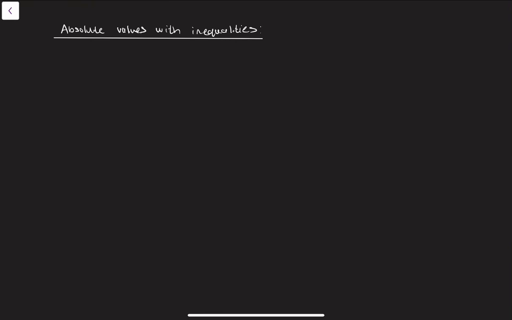So you guessed it, an absolute value with inequalities is just some absolute value expression with an inequality Boolean operator. Let's just put 0 here. So what are some rules involving how we deal with these absolute value inequalities? So let's erase this. Let's put rules.